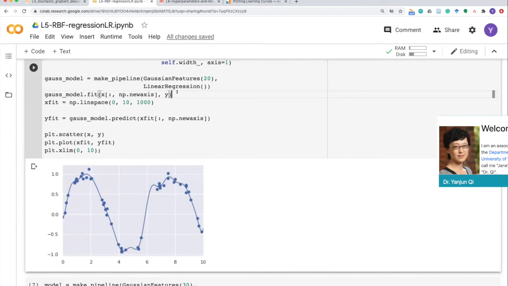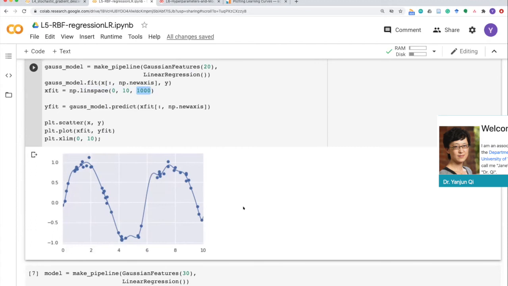This is your Gaussian model, the RBF model fitting. The test data is just 1,000 uniformly distributed X test points sampled from 0 to 10. Then you fit it, and this is what you get. This shows that this type of RBF-based kernel fitting is very powerful. It can fit very, very complex relationships.